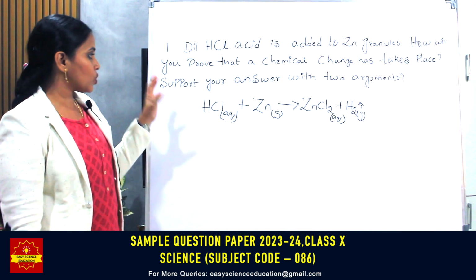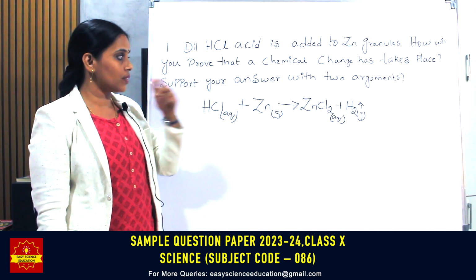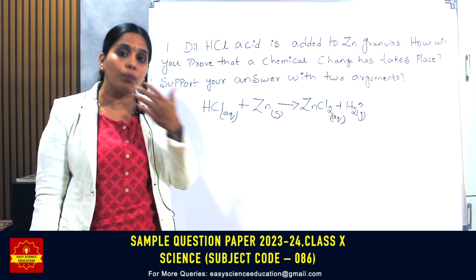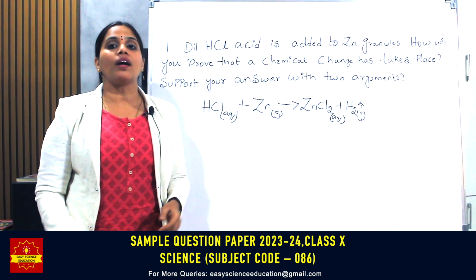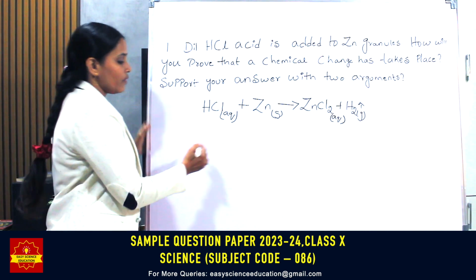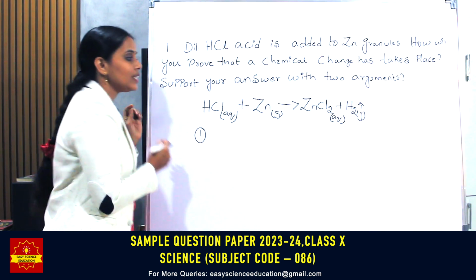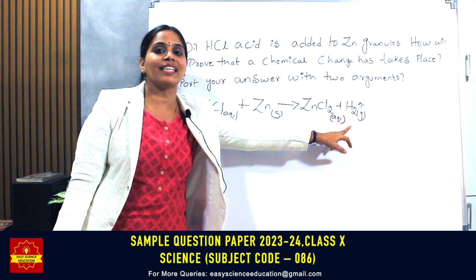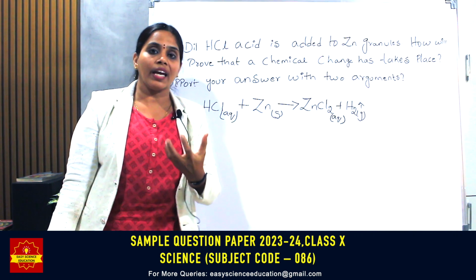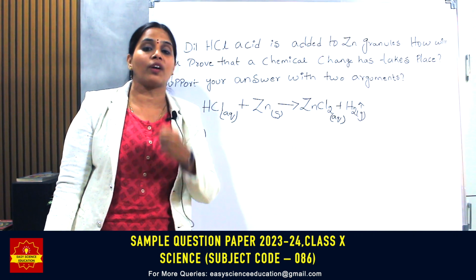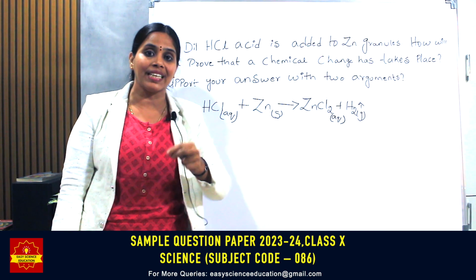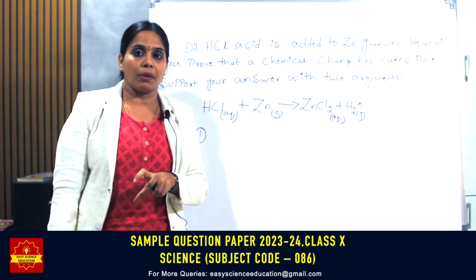Now in the question they are asking to support your answer with 2 arguments. How can you prove that it's a chemical reaction? The first argument is that hydrogen gas is liberated. We are able to observe bubbles from the test tube. These bubbles indicate that a gas is liberated.